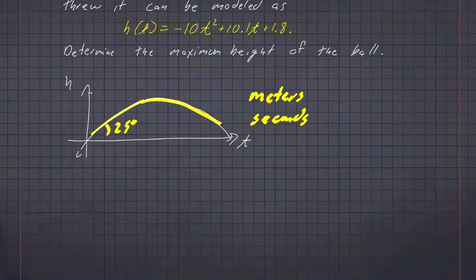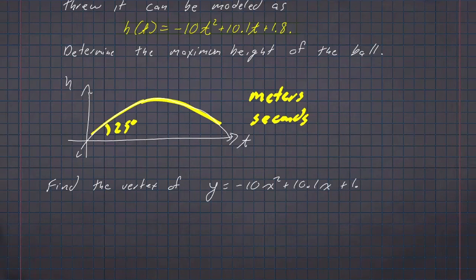So we can rearrange this problem as: find the vertex of y equals negative 10x squared plus 10.1x plus 1.8. All right, this is not going to be pleasant. We have some ugly decimal numbers, but we can still go through this process.